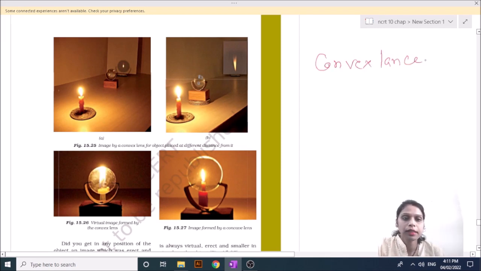So with a convex lens, we get an erect and large image.